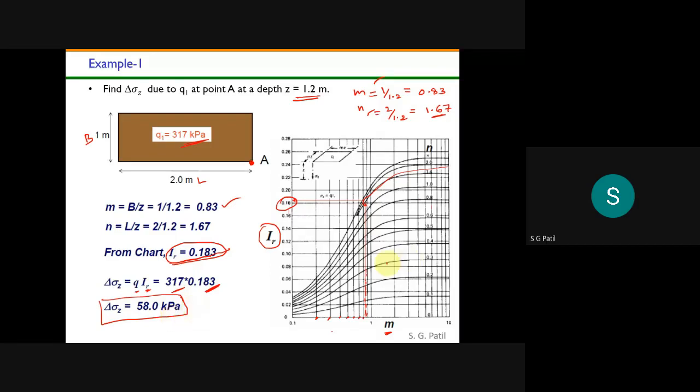So in the exam, if they are asking a problem based on this, they should give either a chart. If they are not giving a chart, then they should give the influence factors for different m and n combinations, in the form of a table.